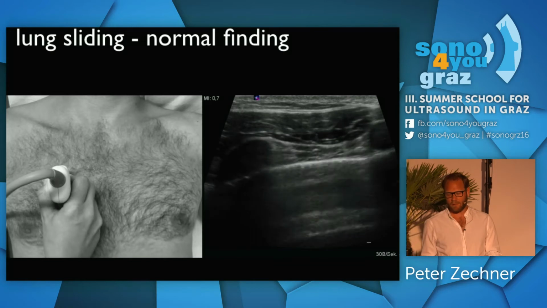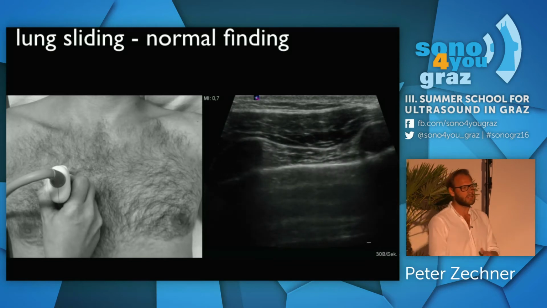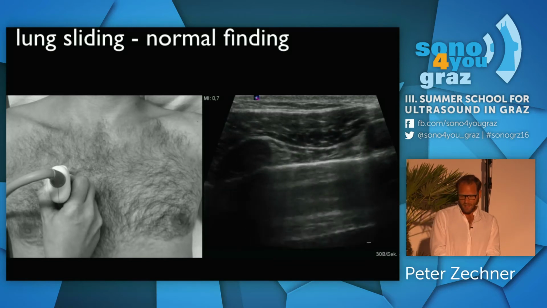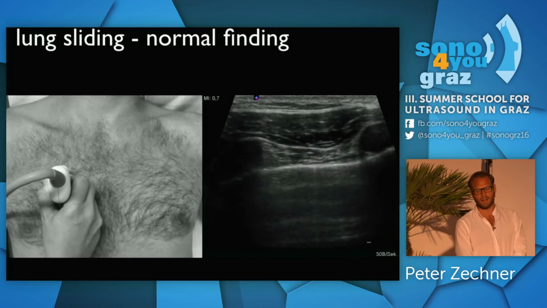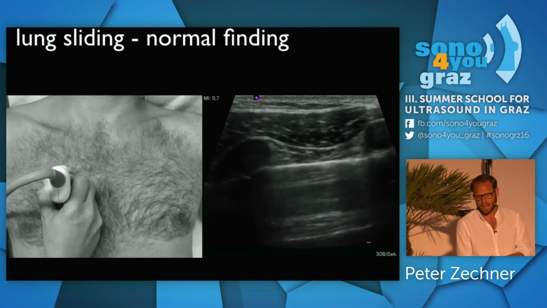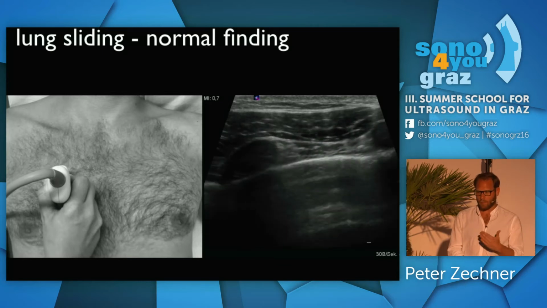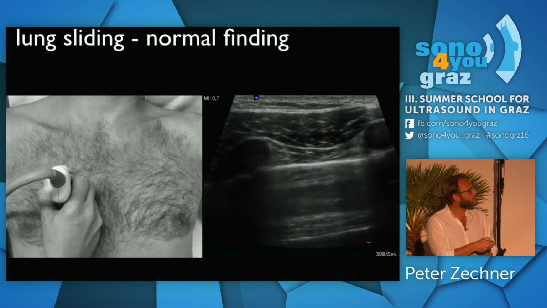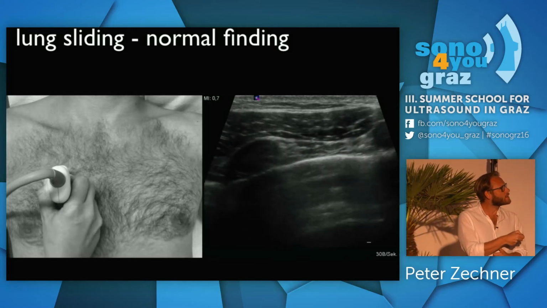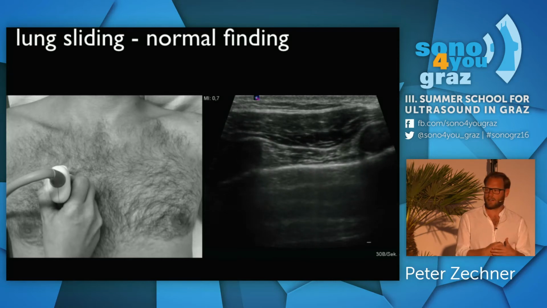If we have a look at this image in a breathing patient, we can see the first very important motion sign of lung ultrasound. It's called the sliding sign or lung sliding. This is a normal finding, and what is meant by lung sliding is the breath-dependent motion of the visceral pleura against the parietal pleura.